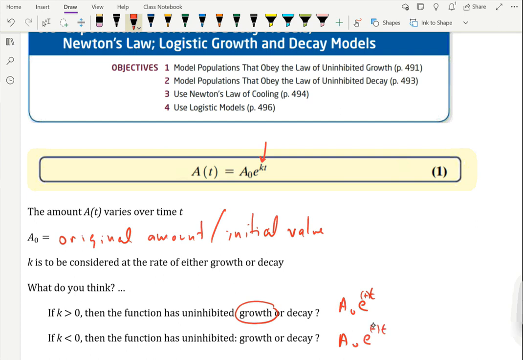Since the negative is in the exponent, we could do A sub 0 divided by e to the positive t, because the negative in the exponent tells us to take the reciprocal of our base. So this whole thing now becomes something we're dividing by. And if we end up dividing these values, we're going to end up generally with what we call decay. So that's the general concept of what we're doing.